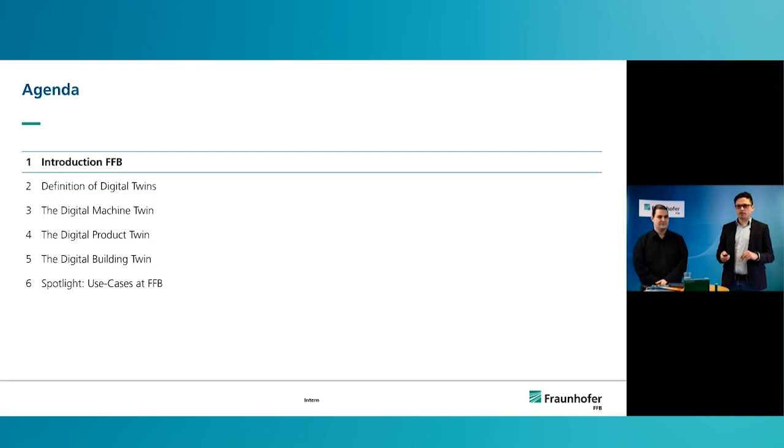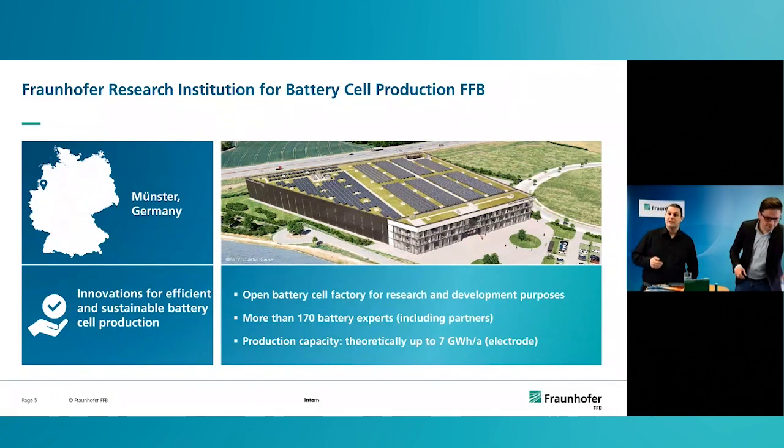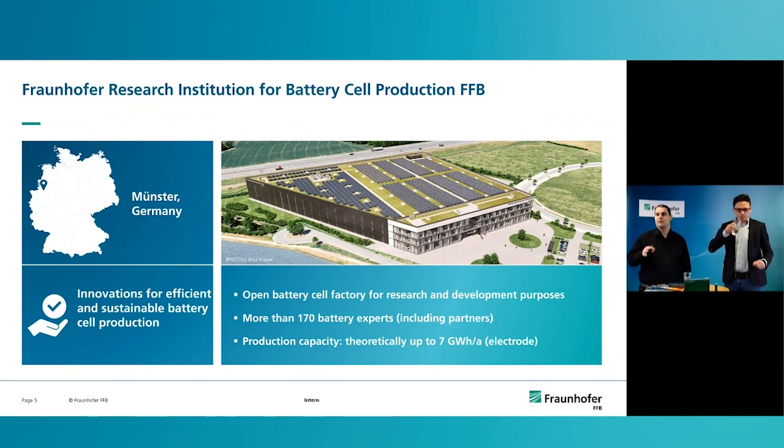And with that, I'm handing over to Arno for the introduction of the FFB. Yes, thank you very much, Jonathan. So Fraunhofer FFB: at first glance, you get a context and insight of what we're doing here and who we are. Of course, Fraunhofer, I think, is a name. We are doing applied research, the biggest institution for that in Europe. This is our main course. But inside Fraunhofer, we are also special because we build up real factories and do research in those real factories.